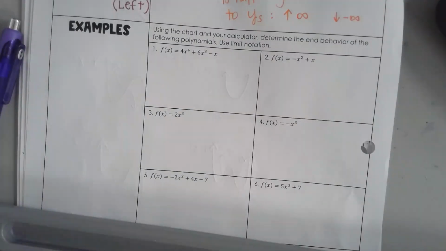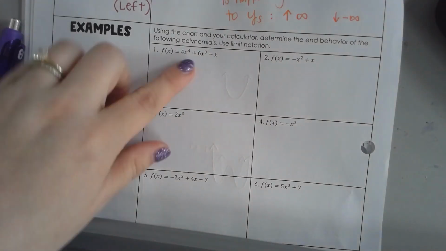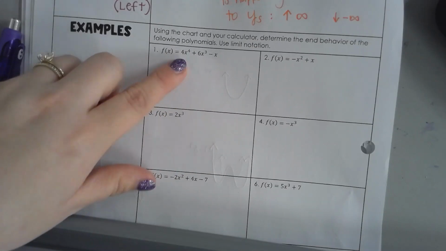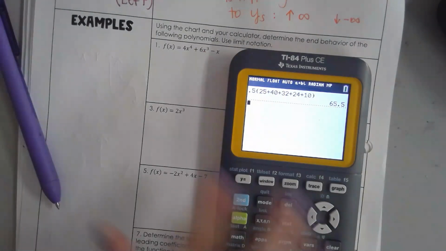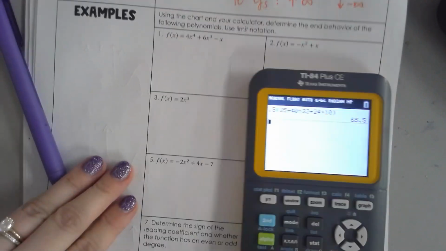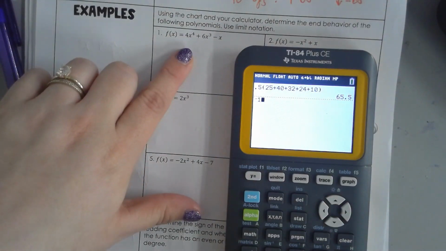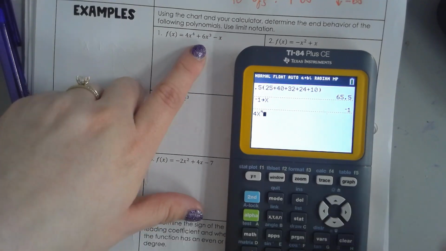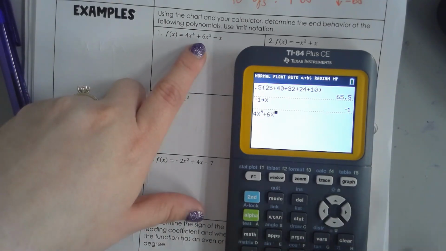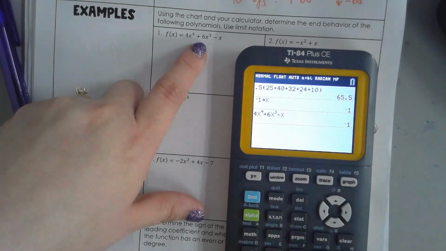Now, you could also do this by plugging in numbers. So if I plug in -1 for x, 4x to the 4th plus 6x cubed minus x, I get negative 1.